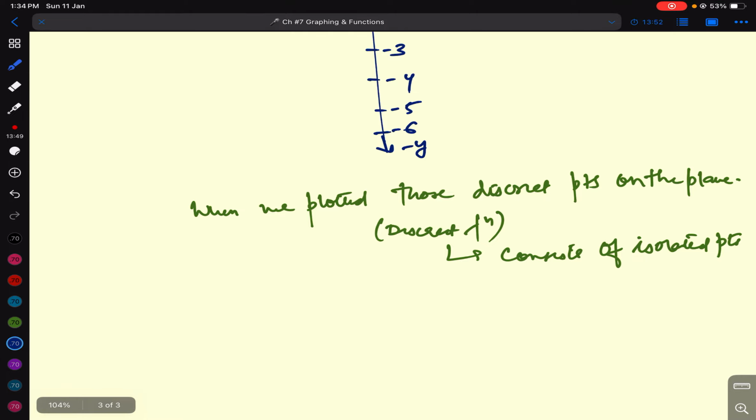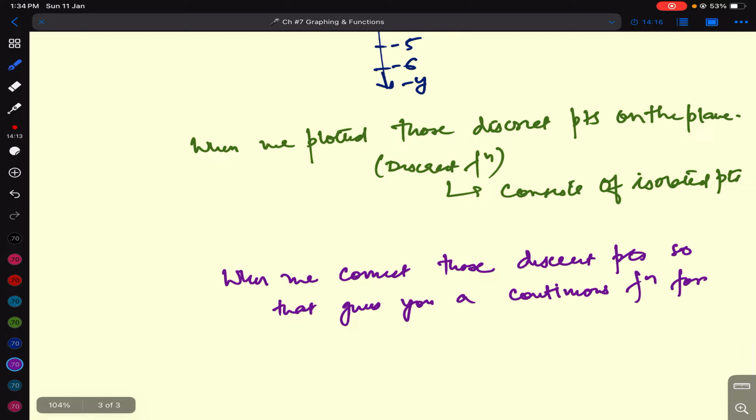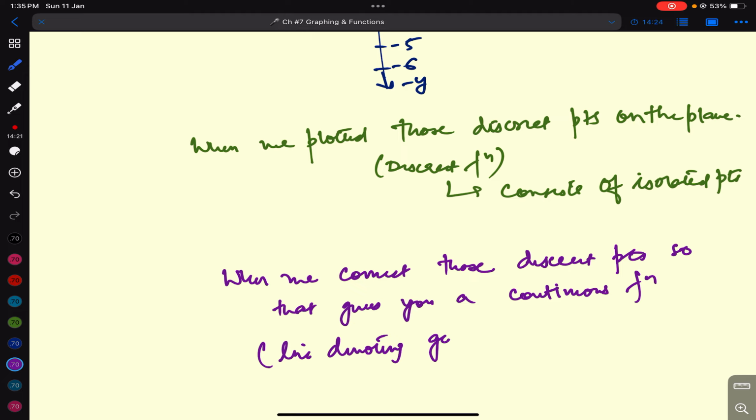Okay, so when we connect those discrete points, that gives you a continuous function, which is basically a line denoting the graph of the given linear function.